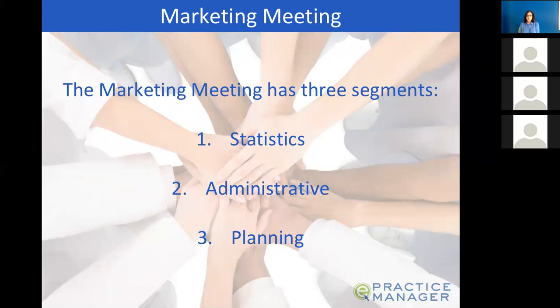So one of the things that we put in place is a marketing meeting. I'm going to go over with you what this consists of, but it involves the doctor, the office manager, and perhaps a person who's going to be executing some of the marketing steps for the practice. Again, as usual, you want to take a look at some statistics so that you have a guideline for whether things are improving or worsening and what corrective or supportive actions you're going to be taking, but also how urgent is it, right?